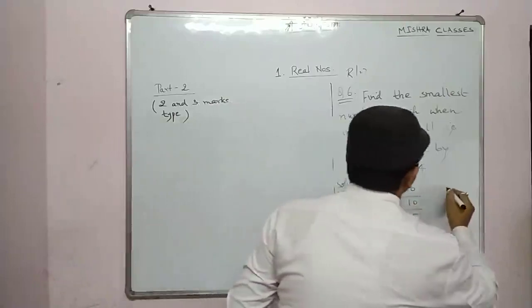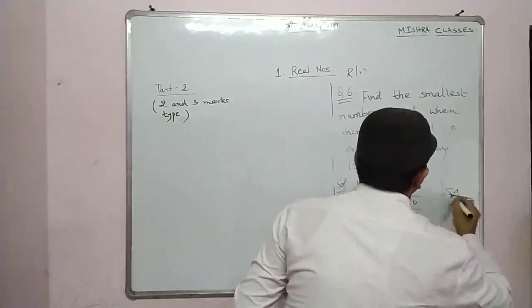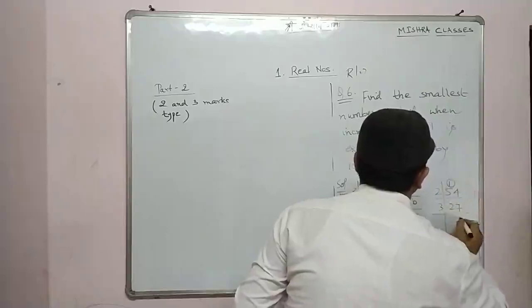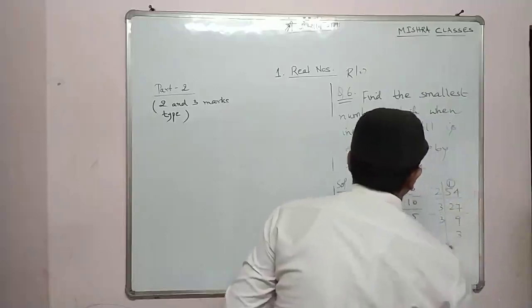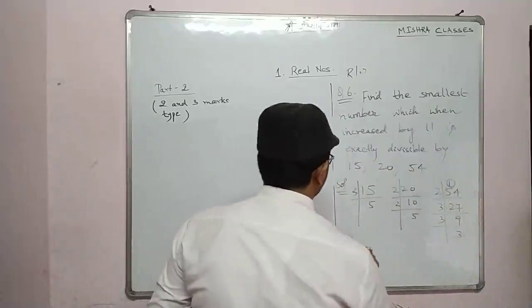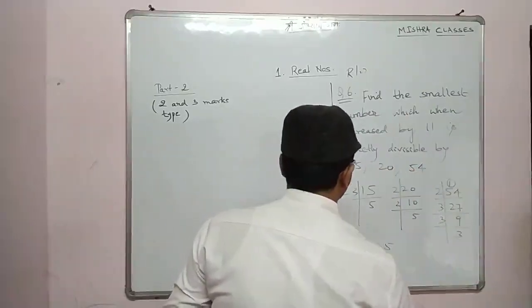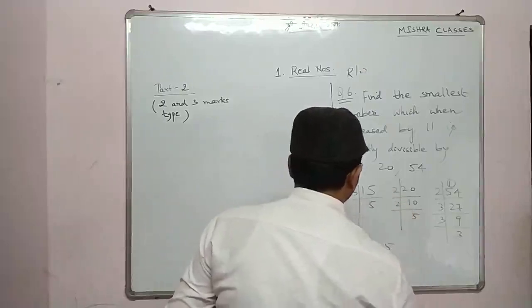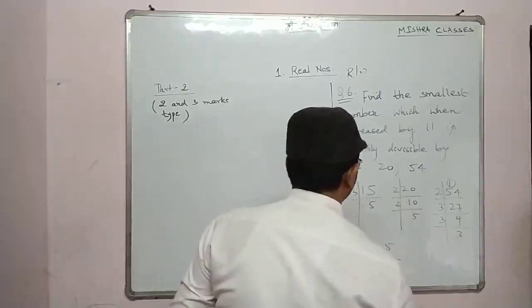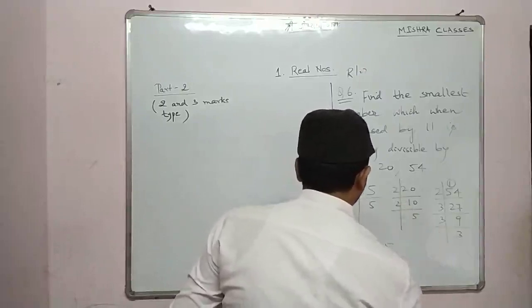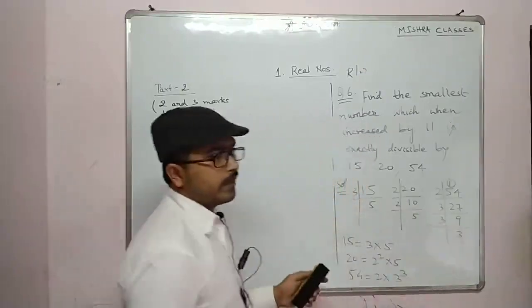Then 54: 2 times 27, 3 times 9, 3 times 3. So 15 is 3 into 5, 20 is 2 square into 5, and 54 is 2 into 3 power 3. Is it clear?